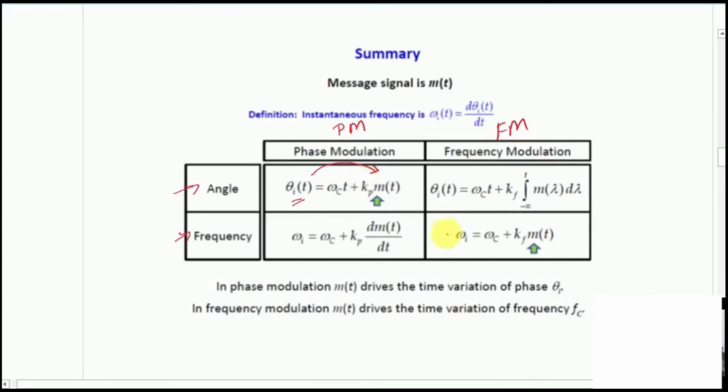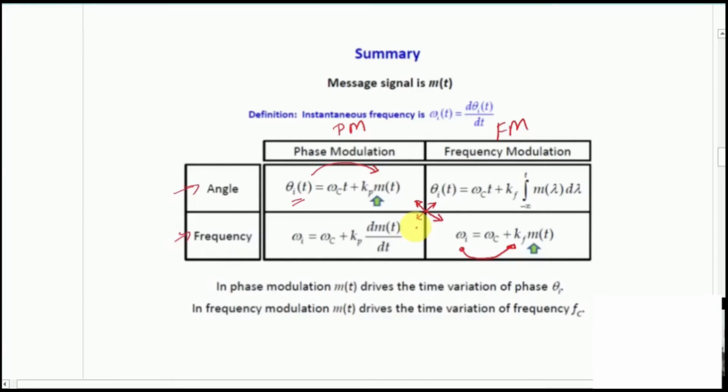When the instantaneous frequency is directly proportional to the message signal, then you would have frequency modulation. But you would see that there is a very direct relationship between the two. They are linked by means of differentiation and integration, right? So if you have a generic angle, if you take the derivative of it, you would get instantaneous frequency, right?